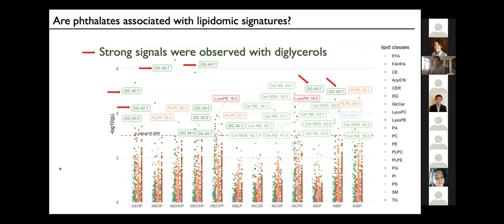So an important future step will be to integrate these multi-omics domains to determine if there's consistent biological plausibility in these associations with phthalates. And this also expands our understanding of how phthalates might be acting through lipid-mediated processes.